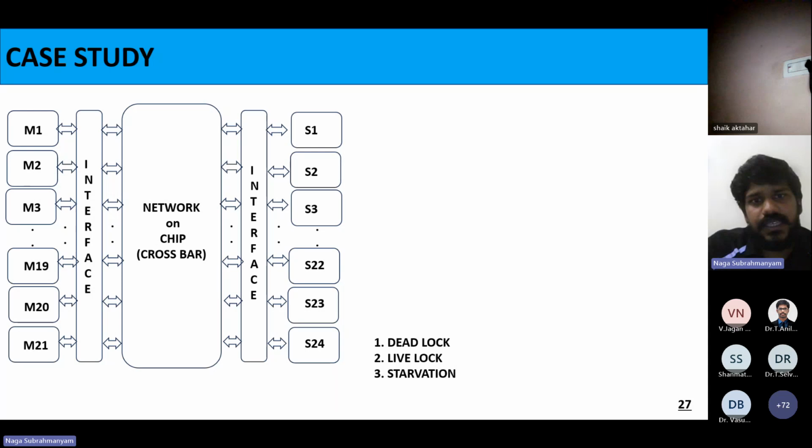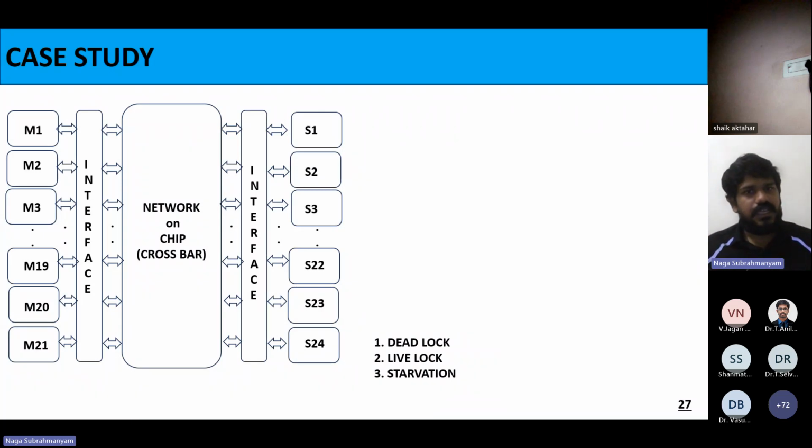For that request, S3 has to give a response. Once the response came, it must give the data. Like that, there are things layer by layer. Whenever S3 took the data, it has to give the response. That response has to be taken by M2. All these routing things have to be verified in the NoC.